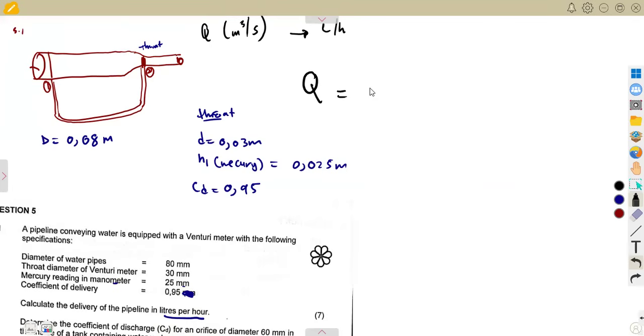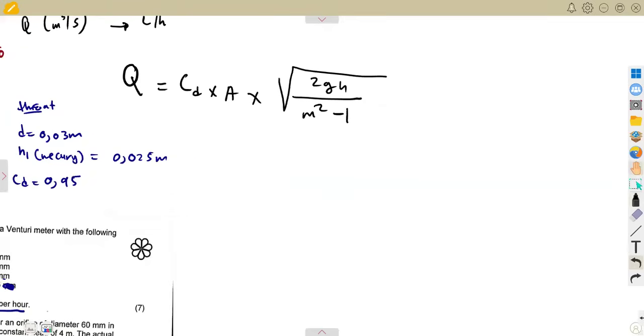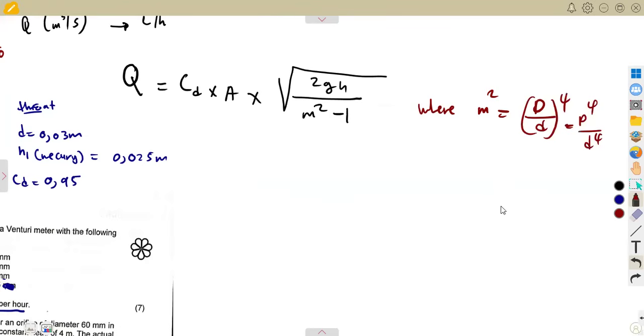Q is equal to the coefficient of delivery times the area at the inlet, times the square root of 2GH over M squared minus 1, where M squared is equal to D to the power of 4 over D to the power of 4. We had this.